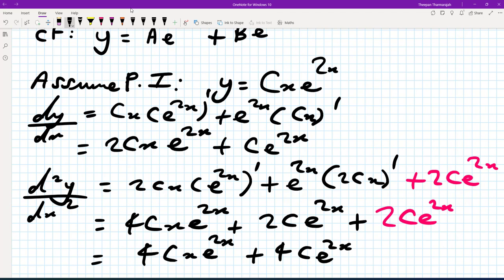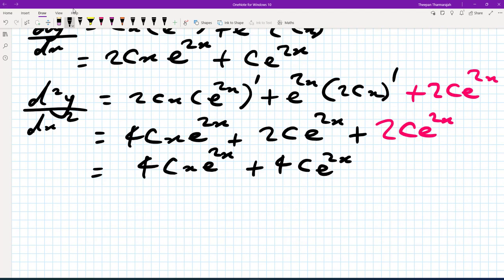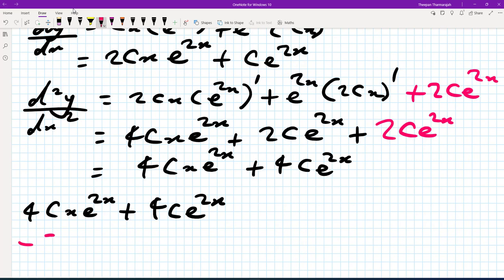So now we're going to substitute these into our differential equation. So we get 4cx e to the 2x plus 4c e to the 2x minus 5 times dy by dx. So let's put that in.